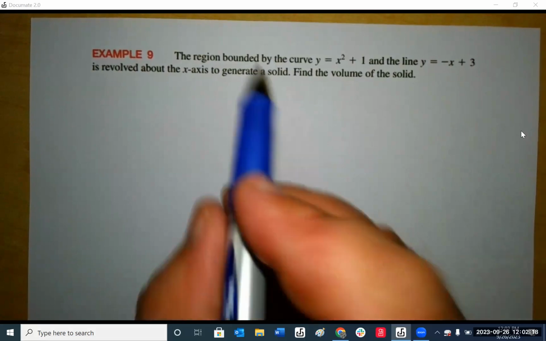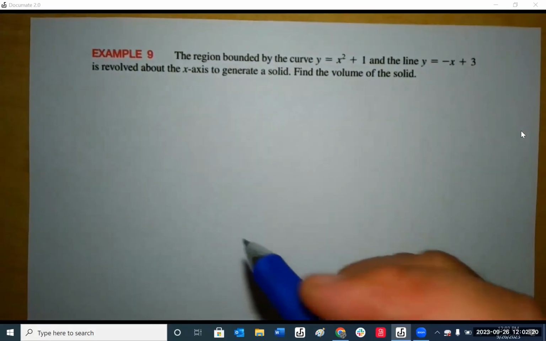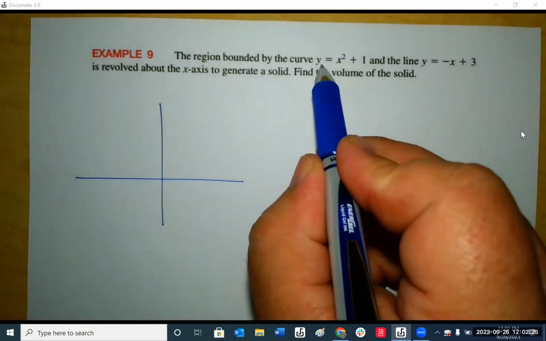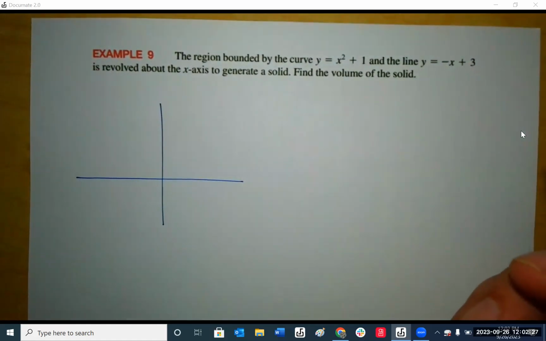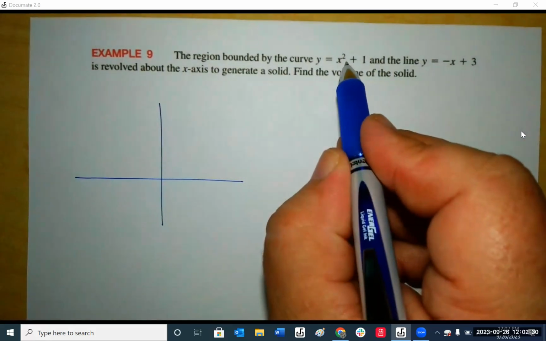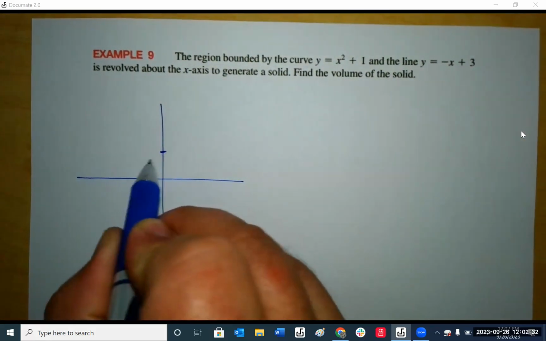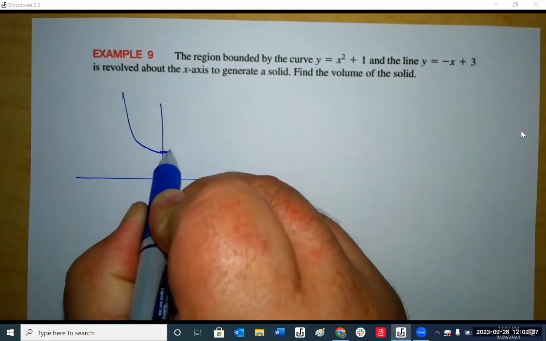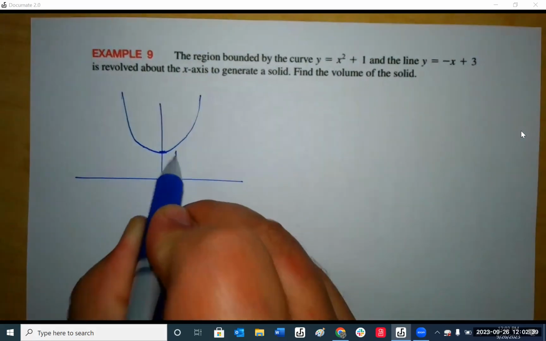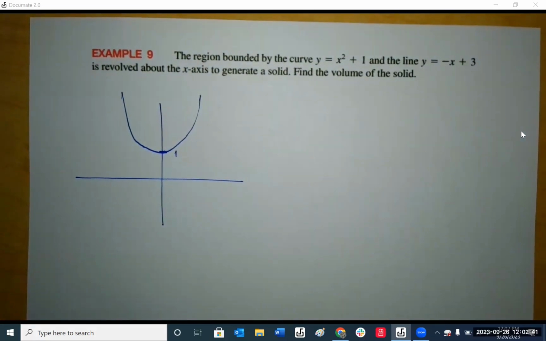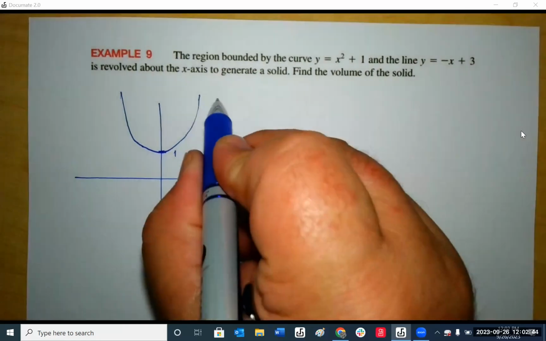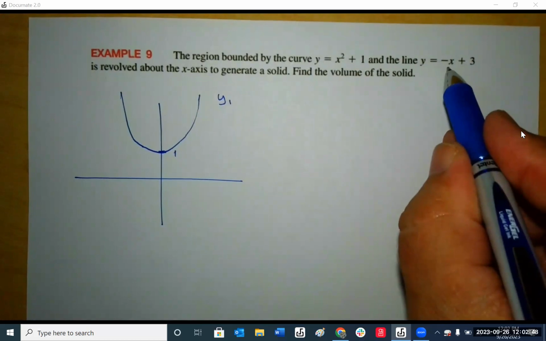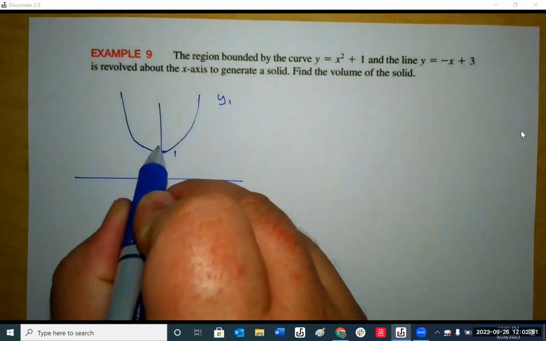So let's see what this looks like. Let's see if we can draw the picture first. Y equals x squared plus 1. Y equals x squared is a parabola. When we plus 1, then it's raised up one. So that's y1. Y2 is the line negative x plus 3.